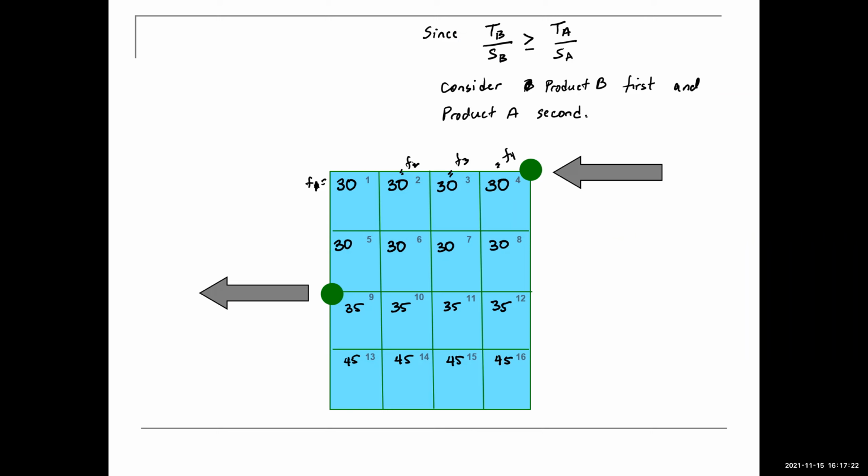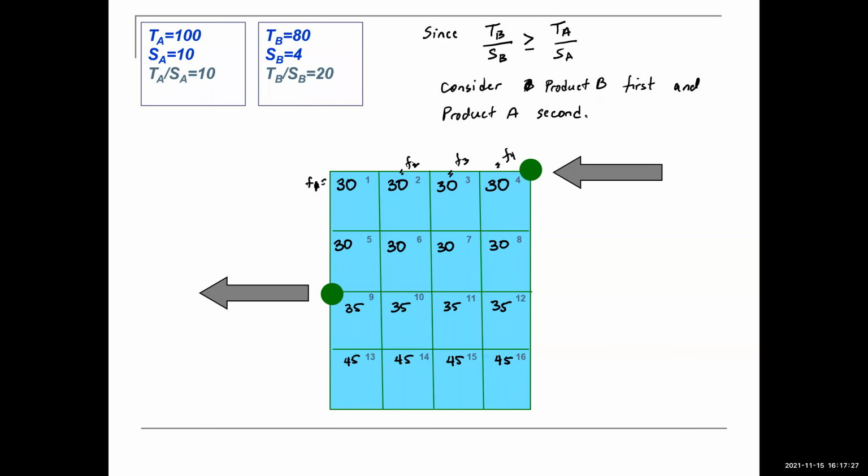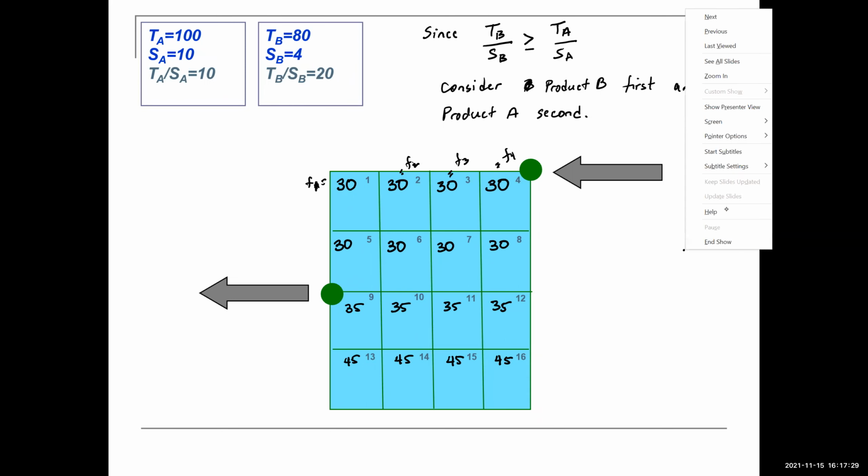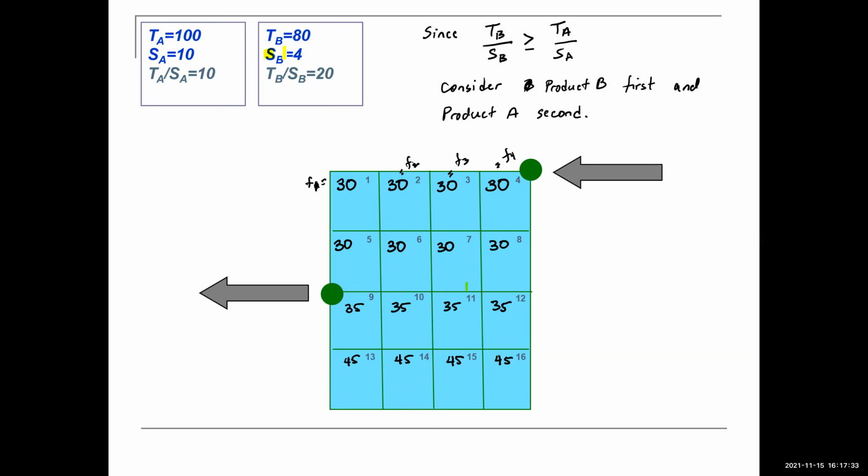So based on my solution, and based also on the information given by the problem, this is telling me that B requires 4 spaces. And this is telling me that I'm going to assign B first based on this ratio. So I'm going to reserve 4 locations in this grid for B, and I'm going to make sure that I use those that have the shortest distance.